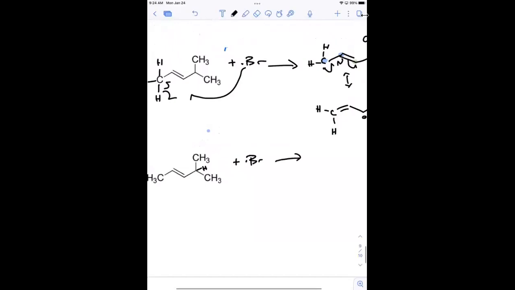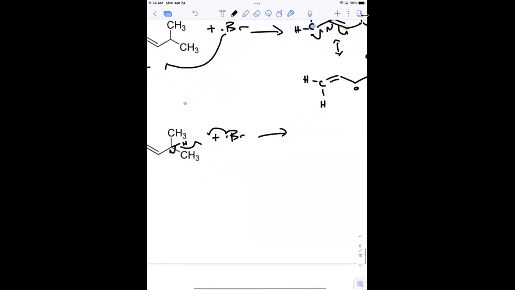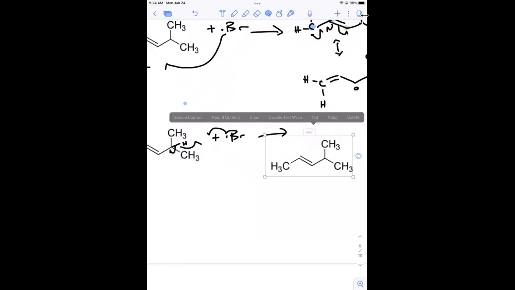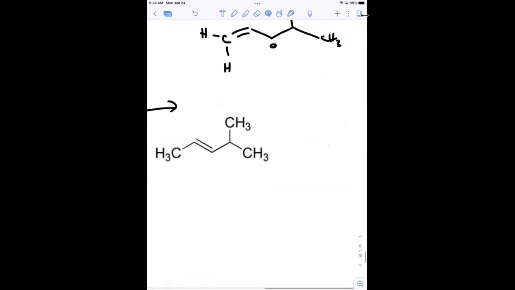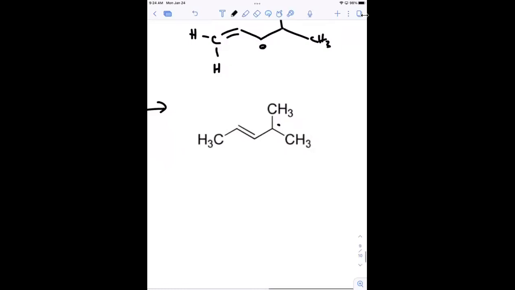All right. Same pattern of electron flow. It never changes. This arrow's coming here, and then you're going to break the CH bond like so, to leave a radical on the carbon. I'm going to put a radical right here, plus what?